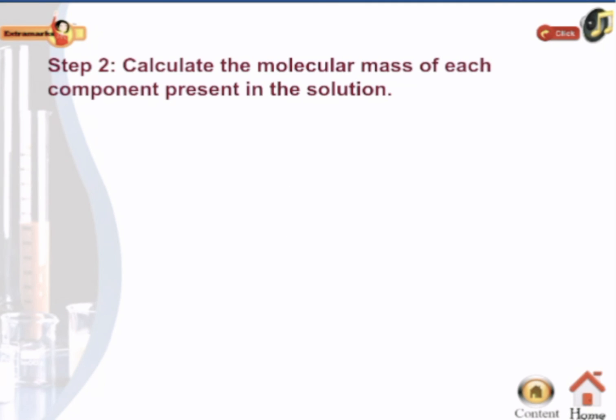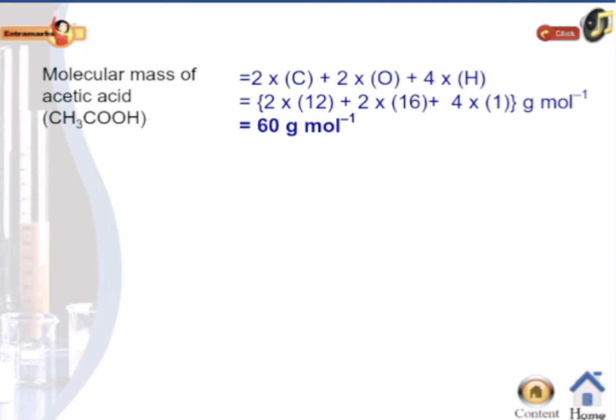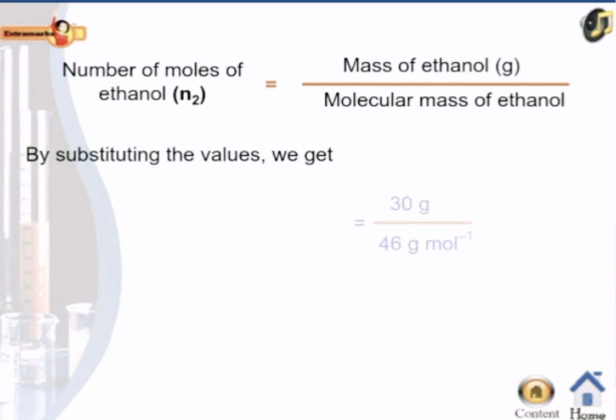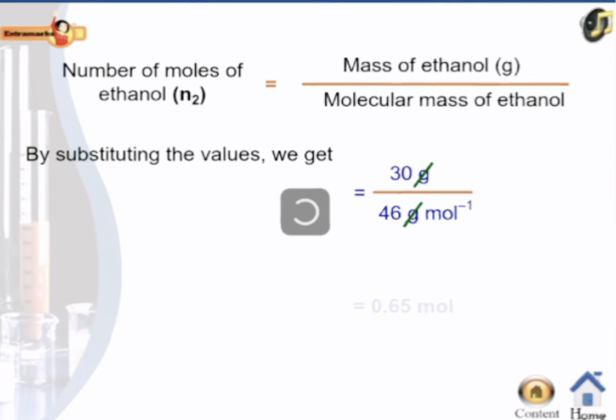Step 2. Calculate the molecular mass of each. The molecular mass of acetic acid is equal to 60 grams per mole. The number of moles of ethanol on calculating comes out to be 0.65 mole.